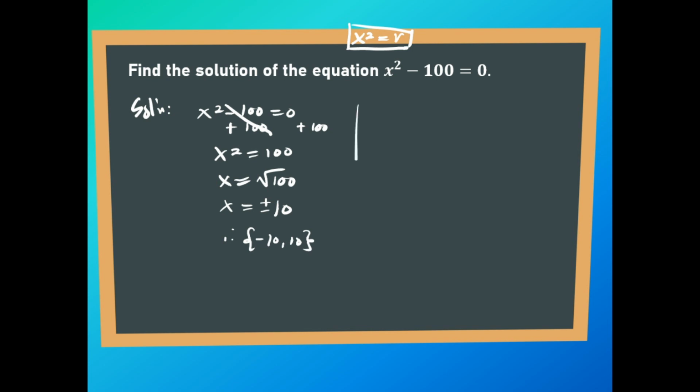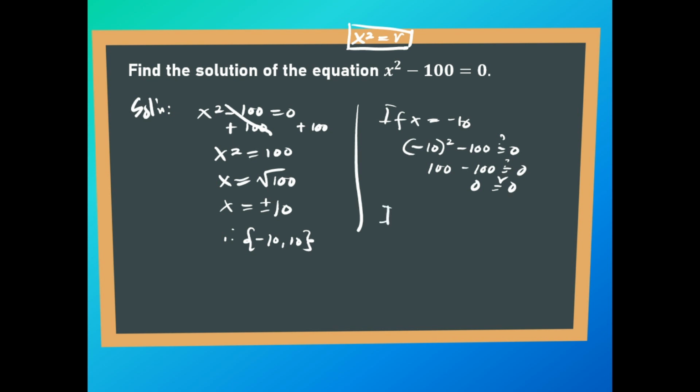Now, you can have the checking for this. So, check natin. If x is equal to negative 10, so magiging negative 10 squared minus 100, is it equal to 0? So, magiging 100 minus 100, is it equal to 0? So, 0 is equal to 0. So, tama siya, negative 10.